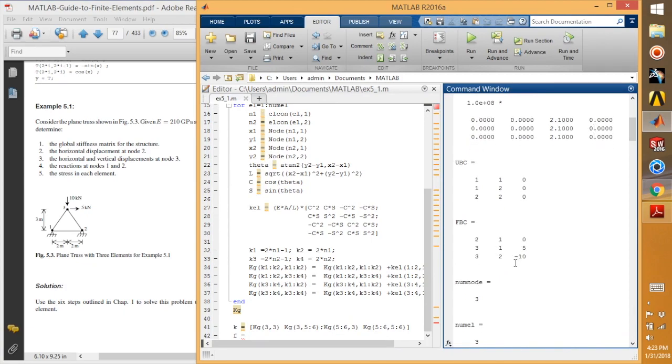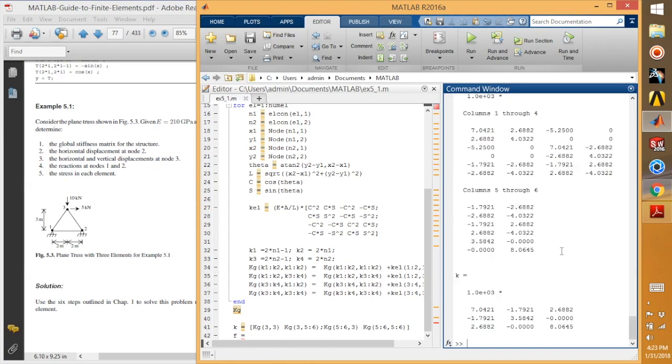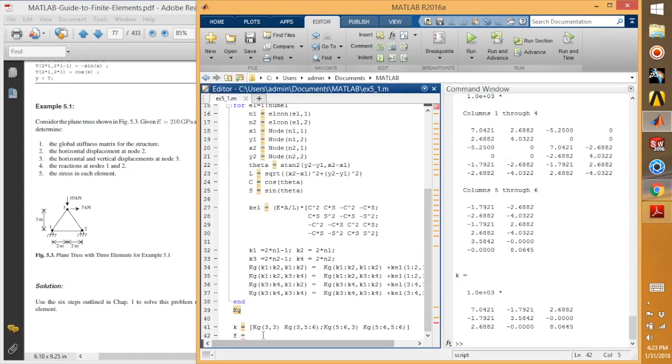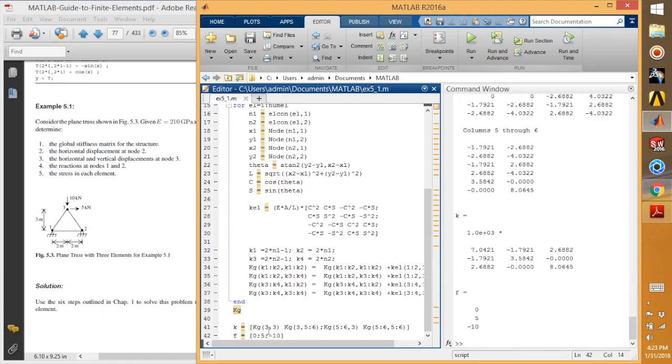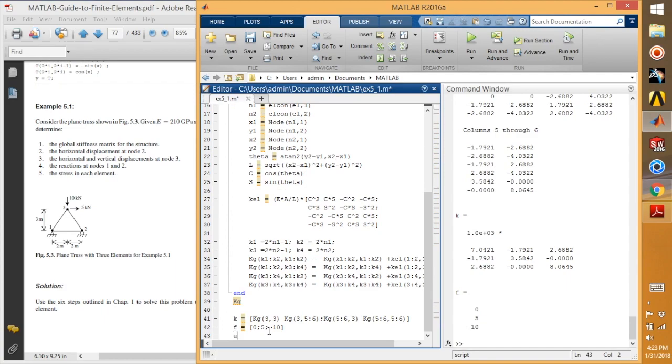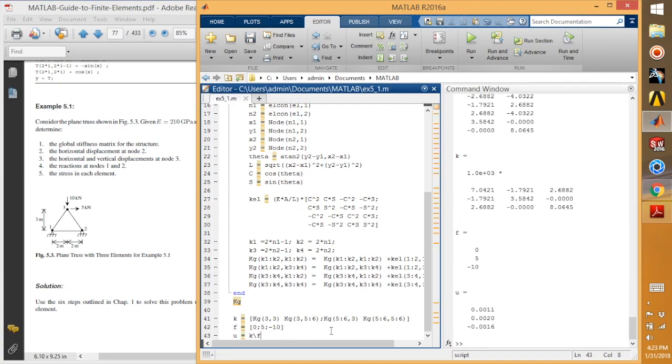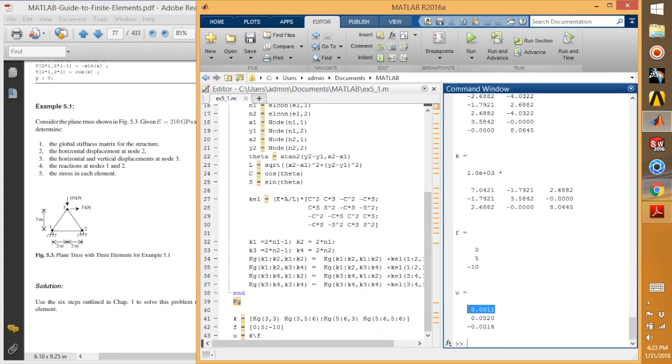So 0, 5, minus 10, right? So we need to find U, which is displacement, so K upon F. So this is the displacement at node 2 horizontal, and node 3 horizontal, and node 3 vertical.